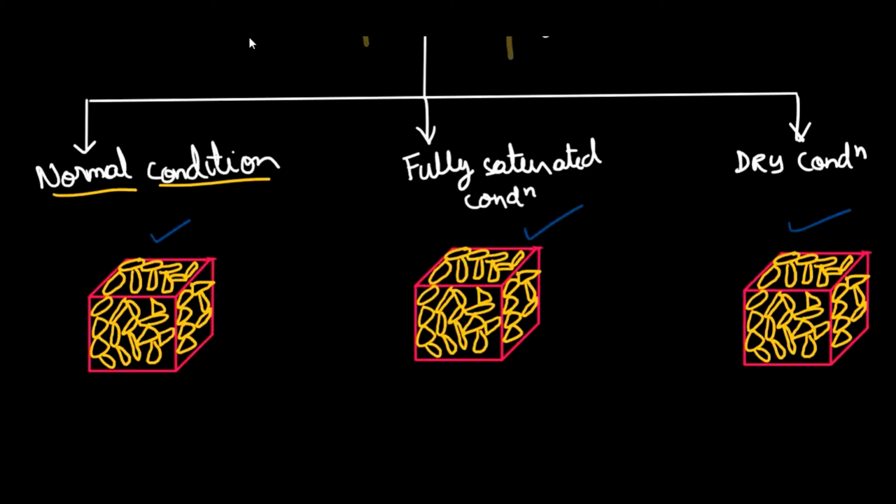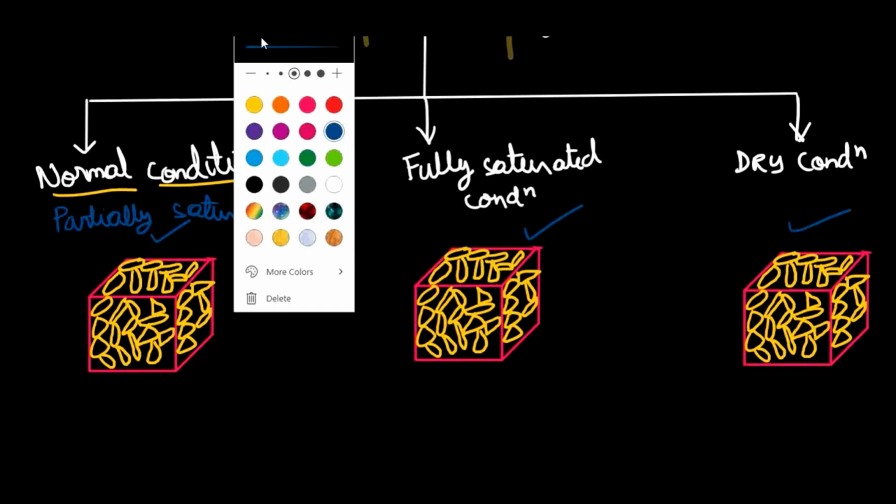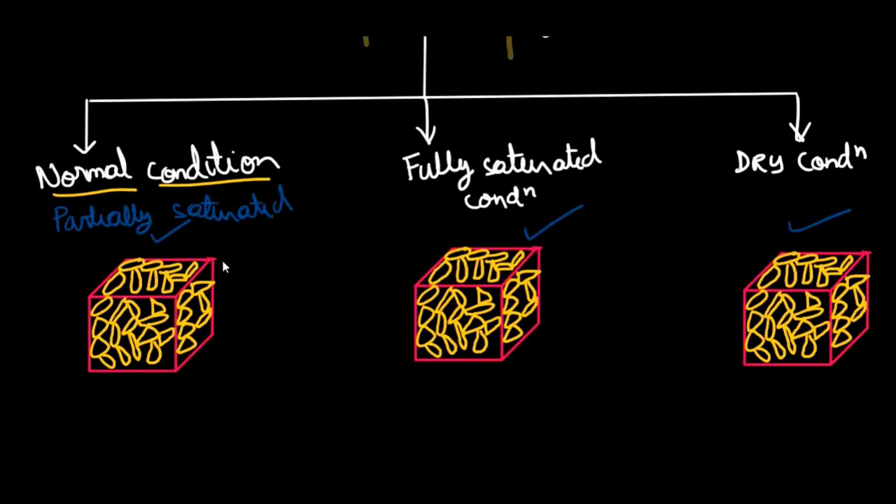It is also known as partially saturated condition. In this condition, in our soil there will be soil solids, which are the primary one, and in the void spaces of these soil solids some amount of water and some amount of air will be present.